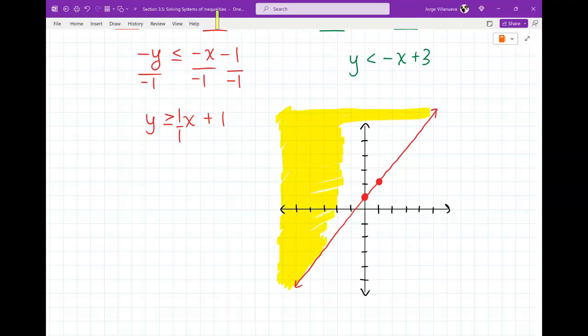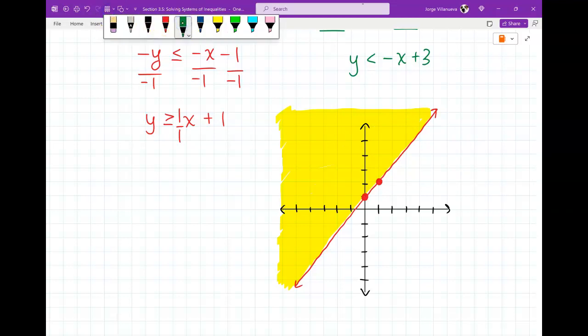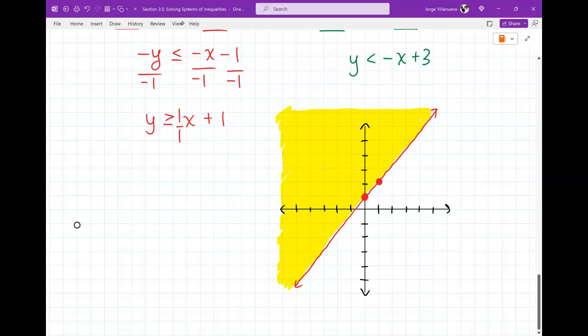All right, next one. Changing over to green. Where do I start with that one? Positive 3. From positive 3, how do I move?